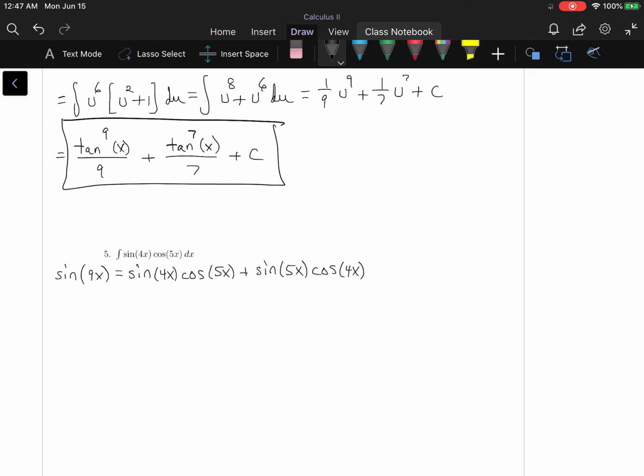We also know that if we had subtracted instead, 4x minus 5x is sine of negative x, and this would be sine of 4x cosine 5x minus sine 5x cosine 4x.